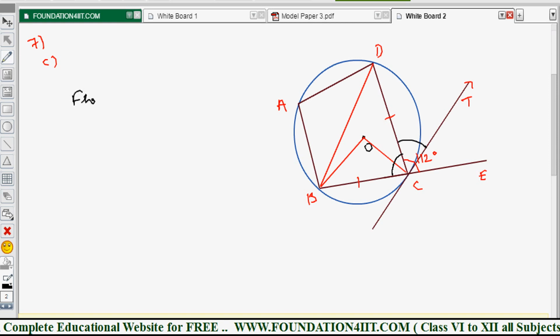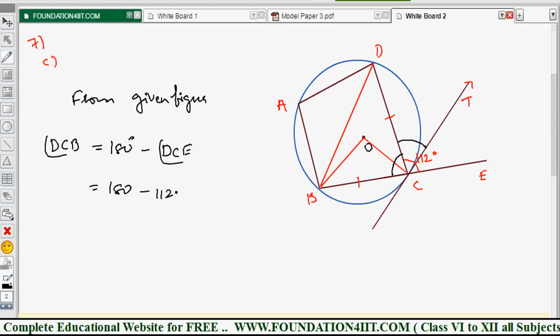So from the given diagram or figure, we can write angle DCB. Angle DCB is equal to 180 degrees minus 112. So 112 is angle DCE, because a straight line angle is 180 degrees, and 180 minus 112 is 68 degrees.